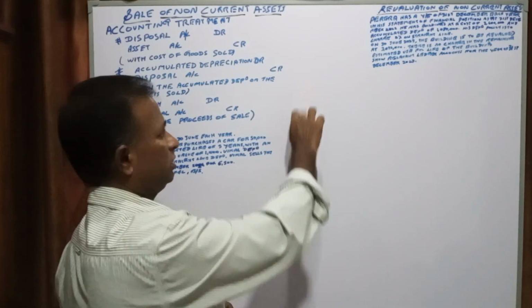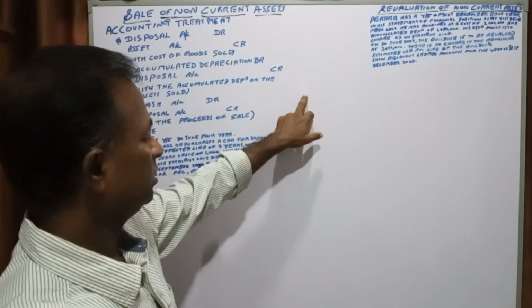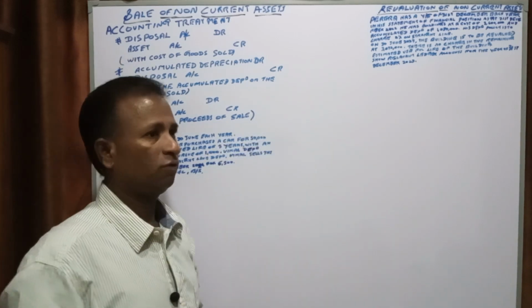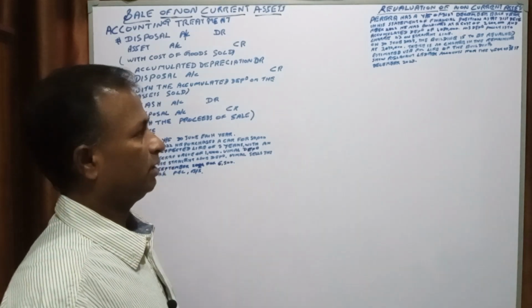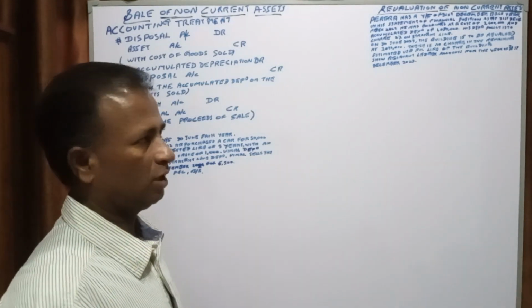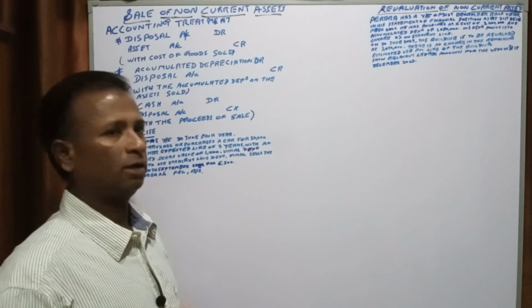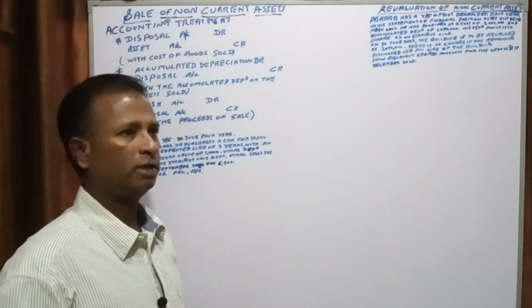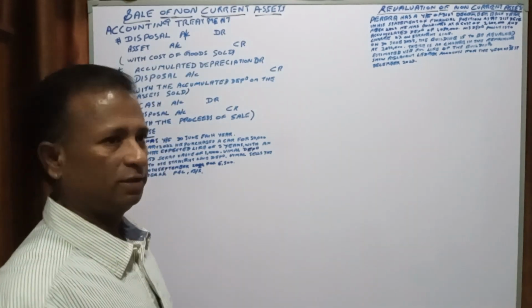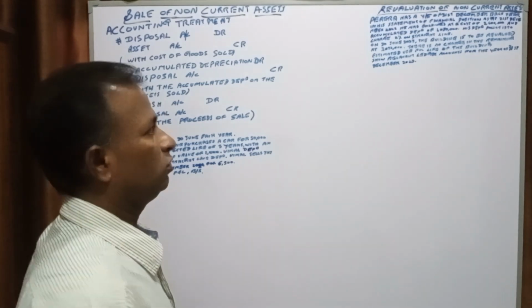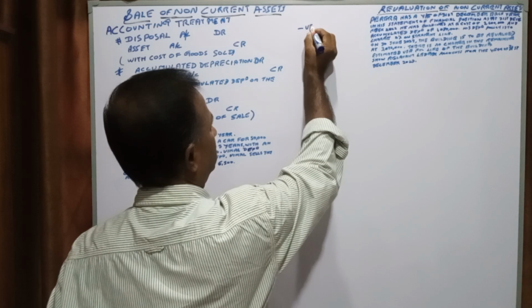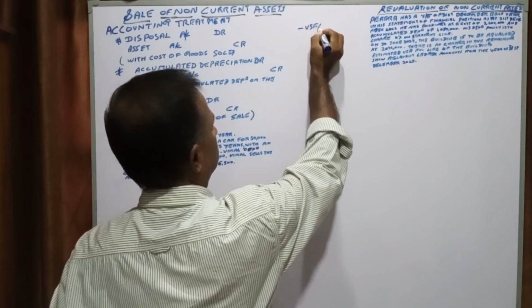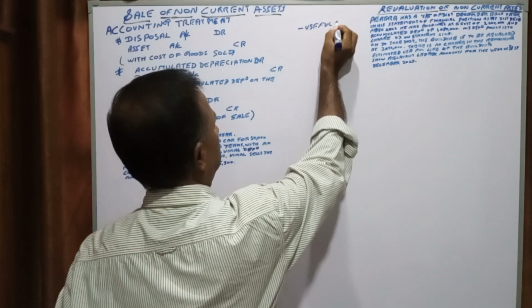For example, if you take a motor vehicle from the date of purchase, you may assess its useful life, maybe 5 years or 10 years. If that is the case, you will first assess the useful life.